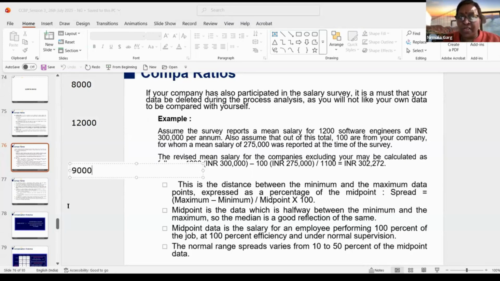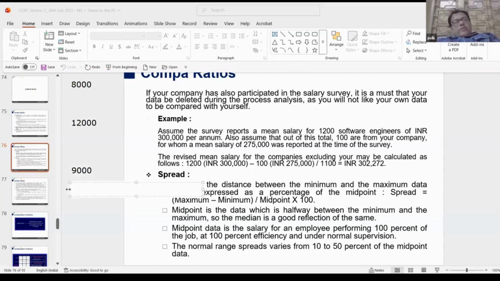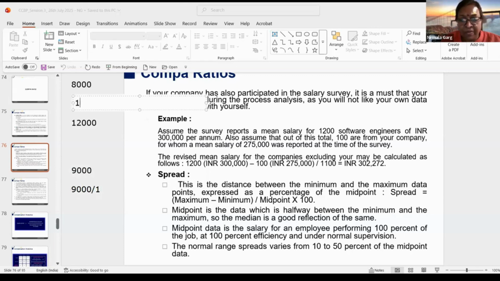So what will be his compa ratio? 9,000 divided by 12,000. No. Midpoint. Midpoint will be the average of the two.